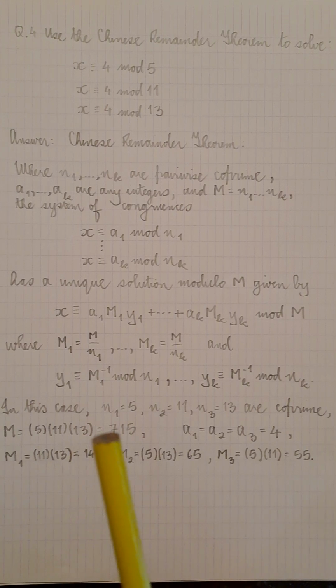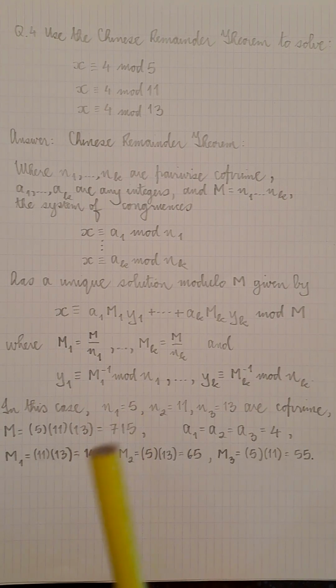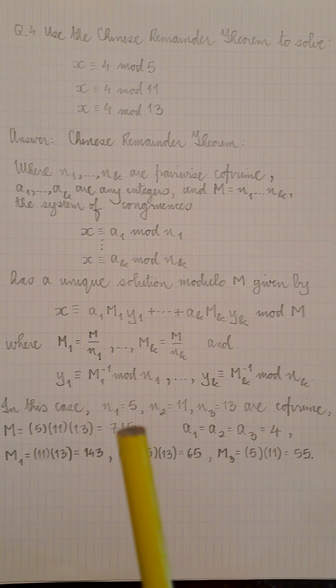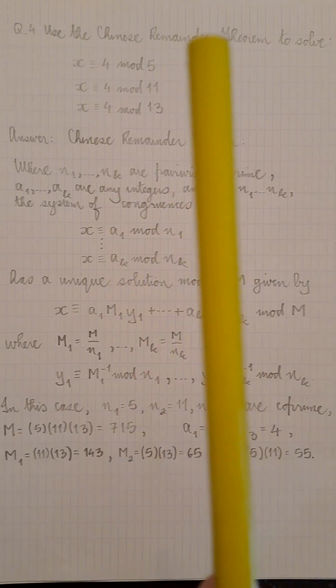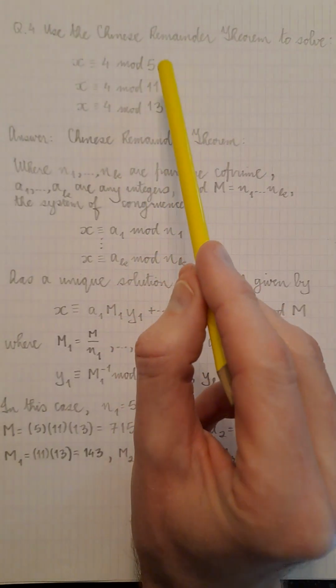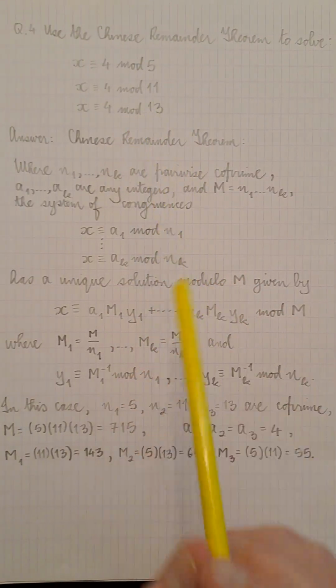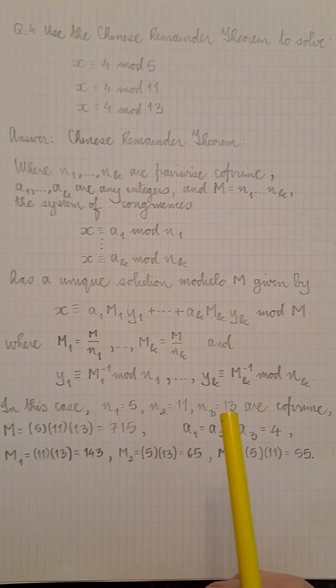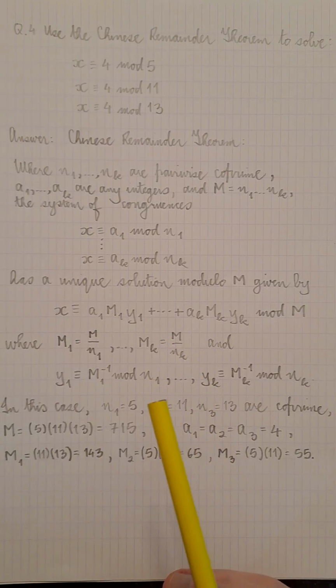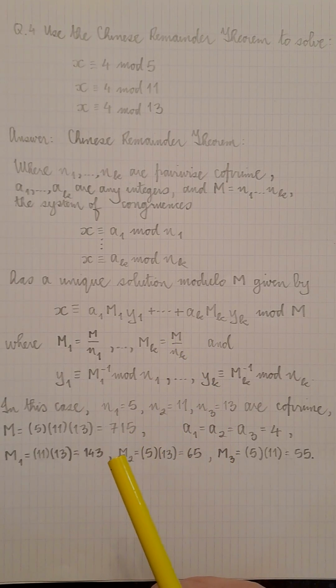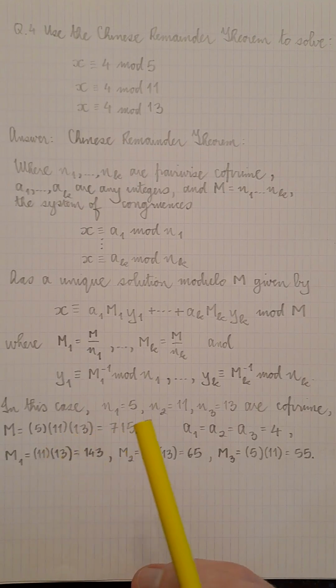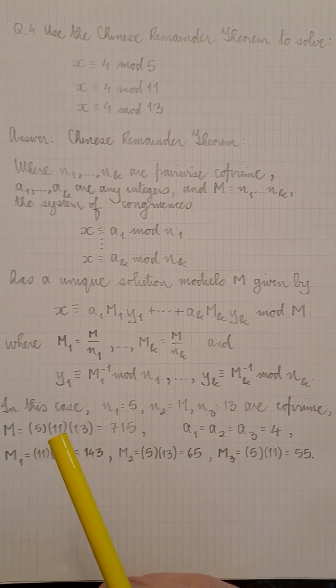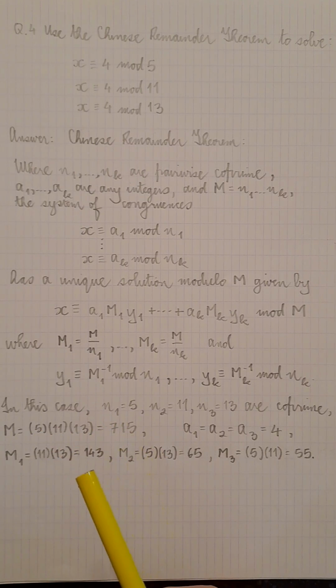In our case, let's check that the Chinese remainder theorem is valid. Well, in our system of congruences, we can see that 5, 11, and 13 are indeed co-prime. So there will be a unique solution to this system of congruences mod this number here, 5 multiplied by 11 multiplied by 13 is 715.